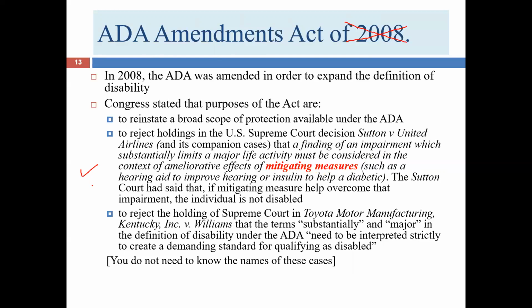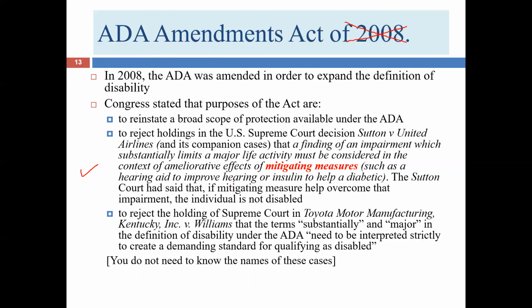Let's first of all consider the term mitigating measures. This is one to go in your Quizlet. So mitigating measures are measures that mitigate, naturally, and we talk about mitigation when we talk about reducing damages. So an example of a mitigating feature could be wearing a hearing aid to improve your hearing.